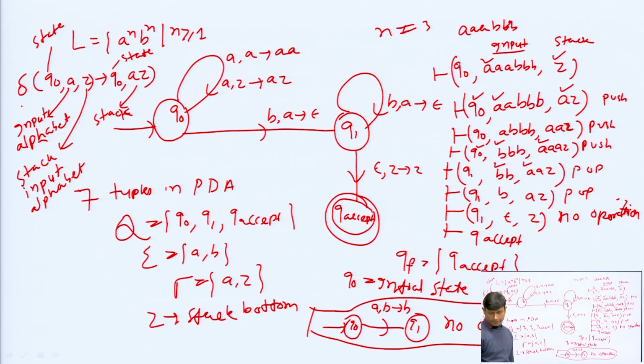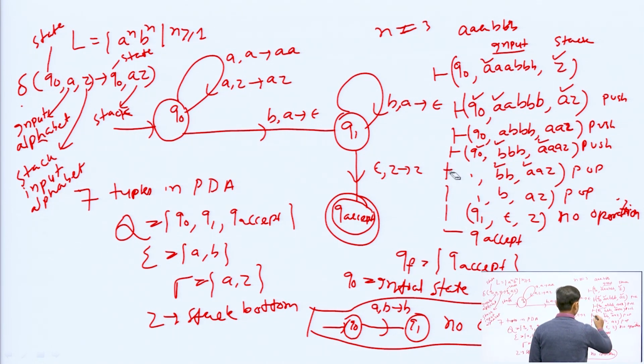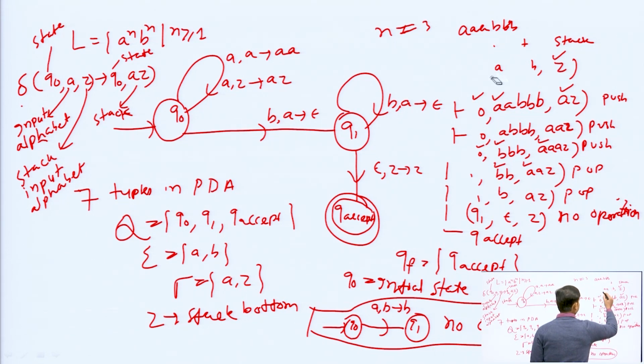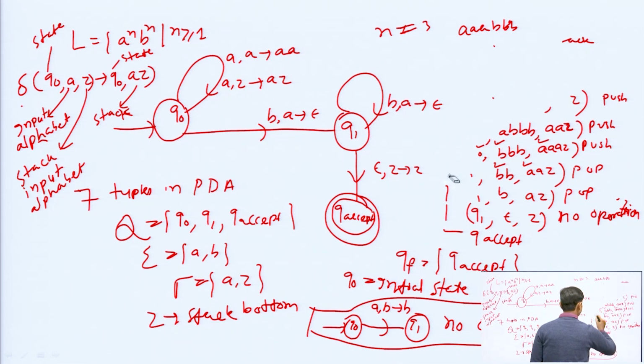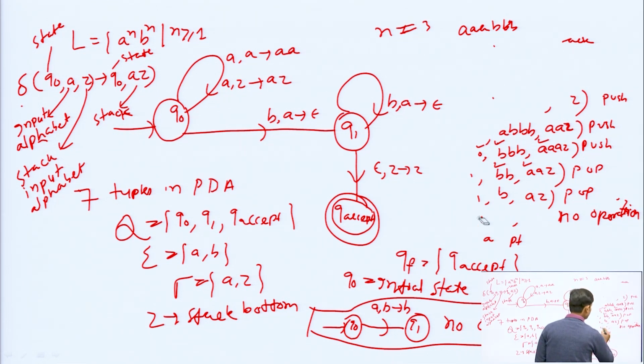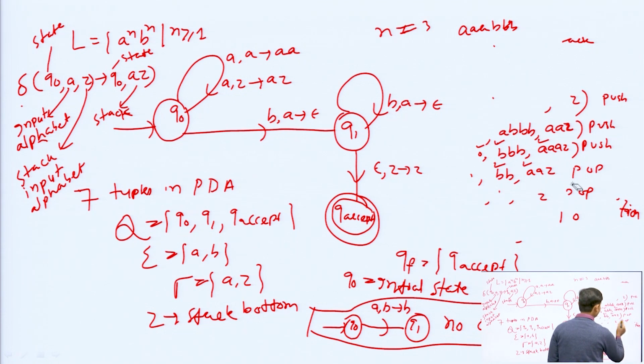So here is another example: take a string which is rejected by this diagram. Suppose you take 2A 1B.